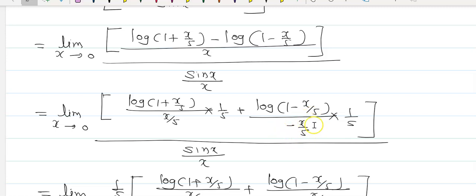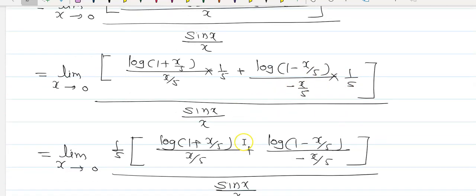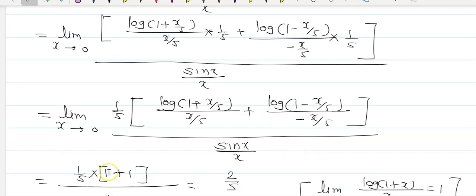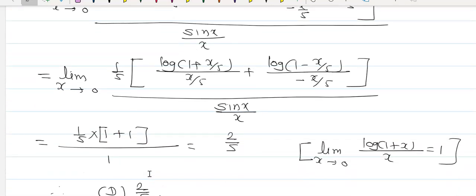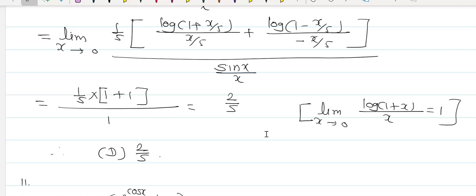Therefore, we require minus x upon 5 into 1 upon 5. Therefore, here take 1 by 5 as common: log of 1 plus x upon 5 upon x upon 5 plus log of 1 minus x upon 5 upon minus x upon 5, sin x upon x. That is 1 by 5 in brackets 1 plus 1 upon 1, which is 2 by 5. Limit x tends to 0, log of 1 plus x upon x is 1, and that is 2 by 5.